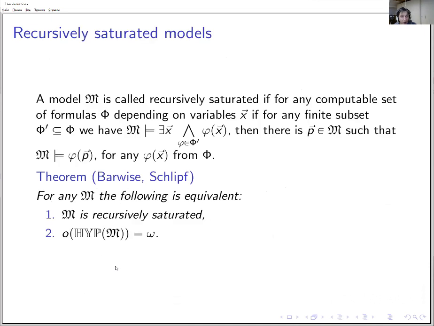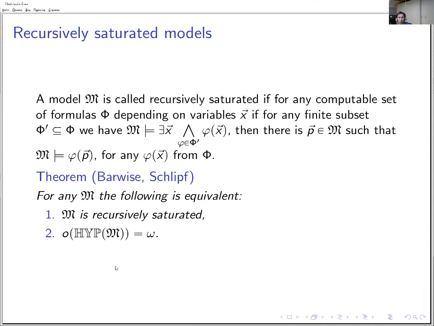Okay. So now to a different interesting application of this heap of M. Recall that a model is recursively saturated if it's saturated for computable types.